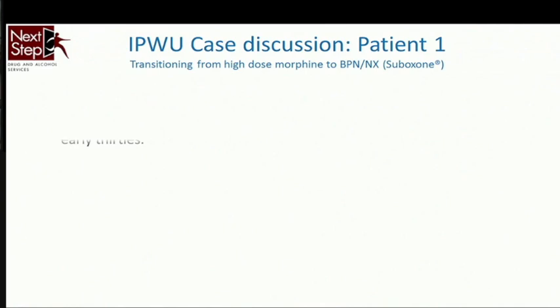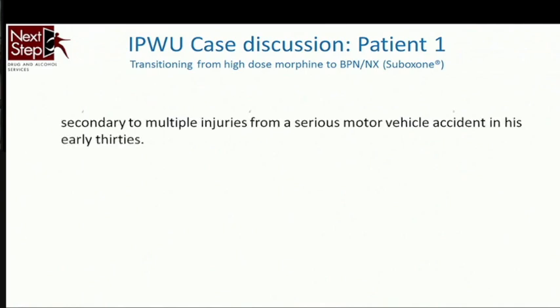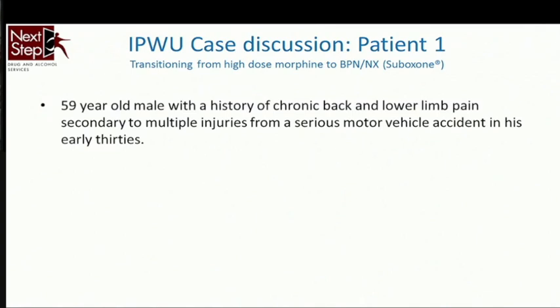So this patient transitioned from a very high dose of morphine to buprenorphine to Suboxone. He was 59 years old, with a long history of chronic back pain, lower limb pain, and multiple injuries from a serious motor vehicle accident when he was 32. He was in ICU for a month, and ended up being in hospital for 2 months after that. He had significant injuries, and he was prescribed morphine in the hospital.